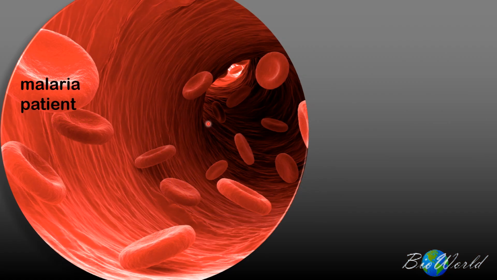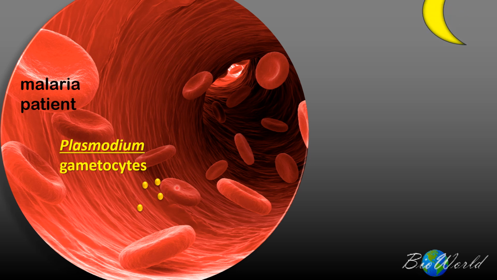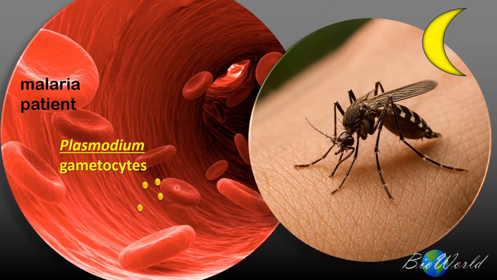Firstly, the story starts with a malaria patient. Malaria patients will have blood that contains Plasmodium gametocytes. As usual, when the mosquitoes come to bite, the Anopheles mosquitoes bite at night between dusk and dawn.